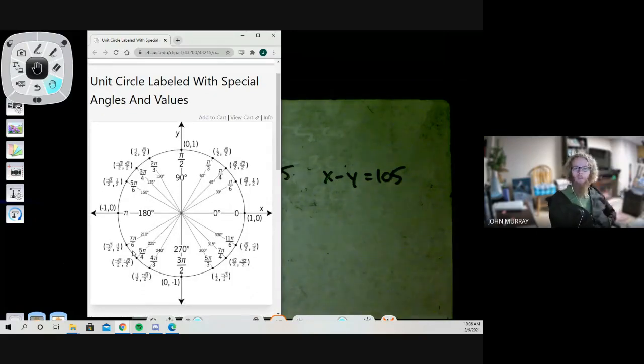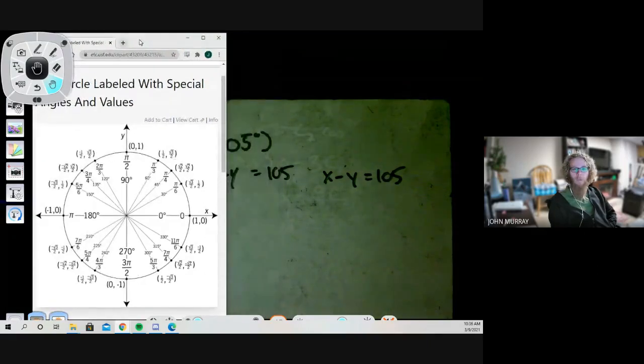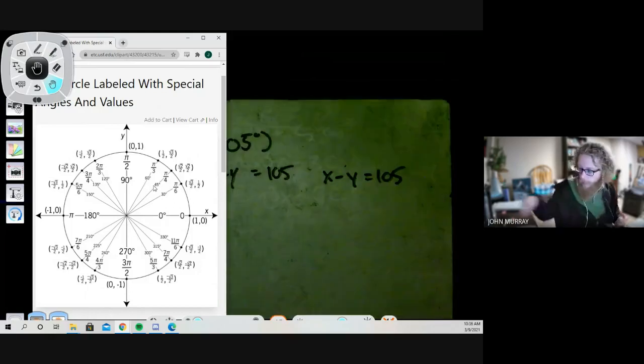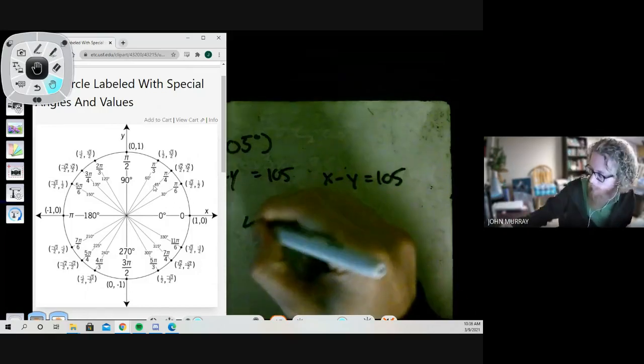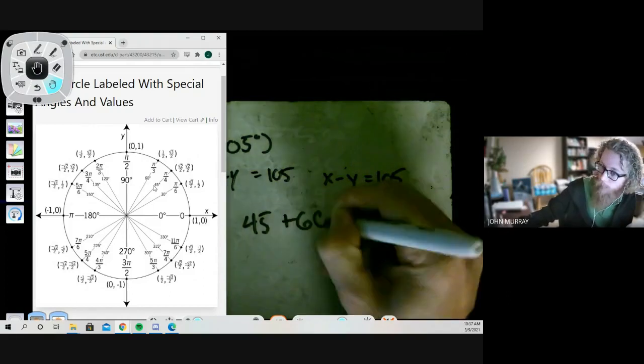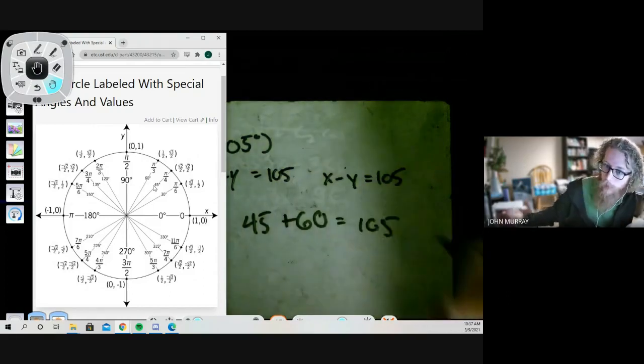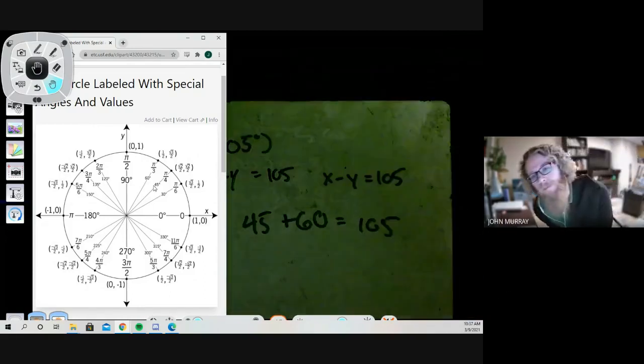So looking at some of these, I need a combination of some of these nicer angles that will give me 105. So you do have a few choices. I see that 45 and 60, if I add those together, that can be one combination. All right.